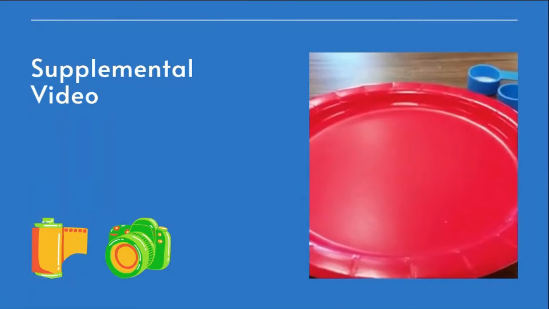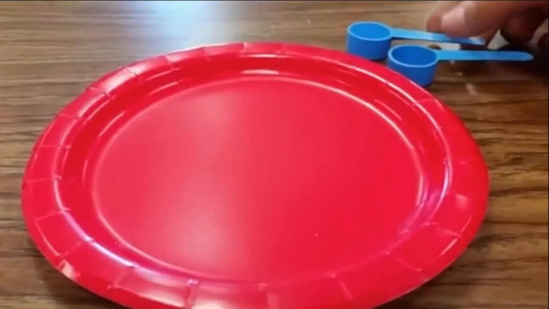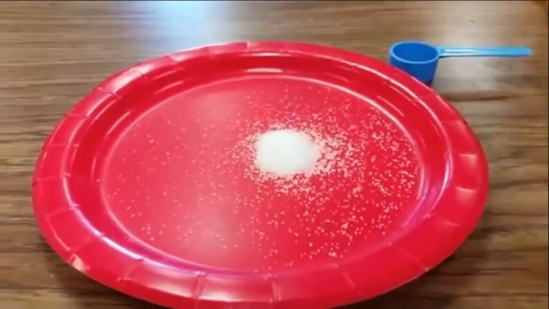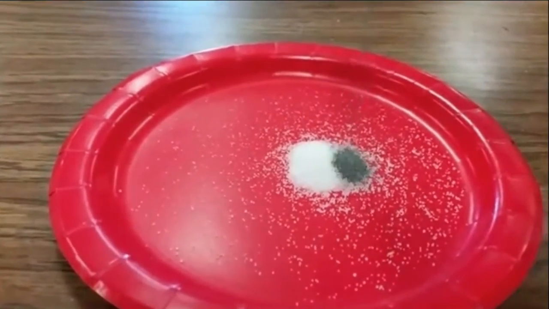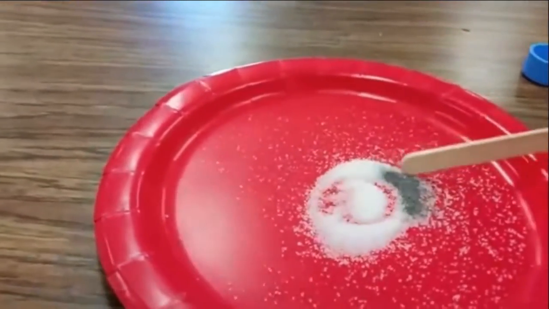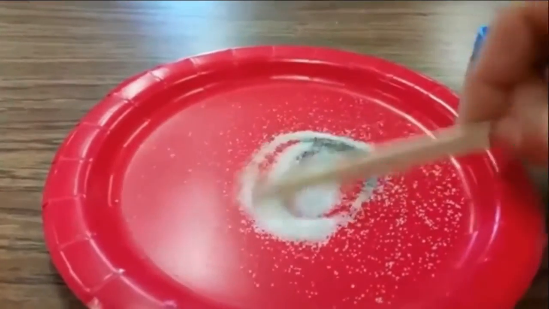I'm going to combine two substances. Table salt and iron filings. When you combine two or more substances, what is it called?